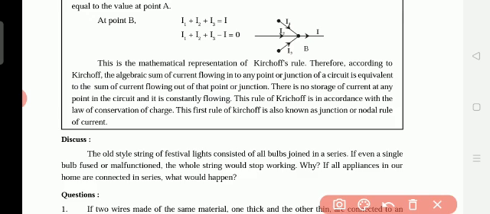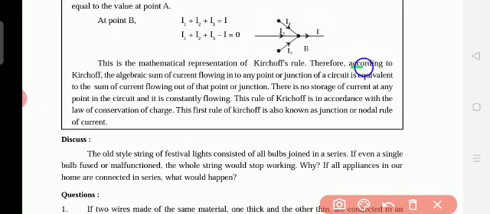Here, this I is the equivalent current, equal to the sum of these three currents going out of this point.